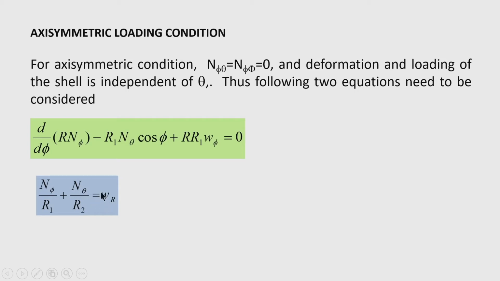Now, if you recall, r 1 and r 2 are the principal radii of curvature of the shell surface, whereas r is the radius of the parallel of latitude. However, r is related to r 2 by a trigonometrical relation that we have seen earlier also, and here also we will use it. W r is the component of the load along the normal direction that we call the radial direction.